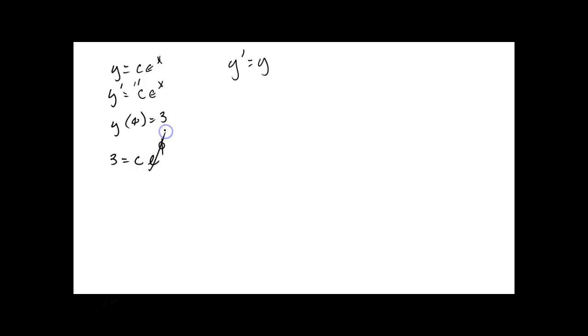So that's just 1, so c is equal to 3. Now to be complete about it, you go back and plug that in. Y is equal to 3e to the x. And sure enough, there it is. That's the solution for that differential equation with this initial value.